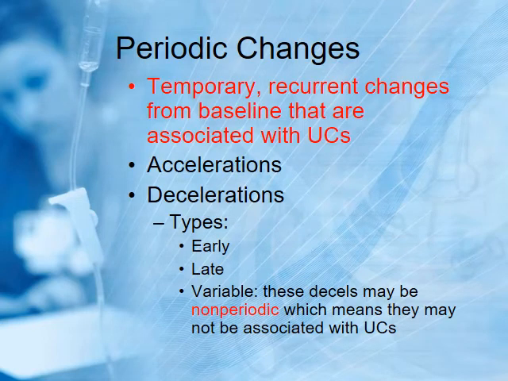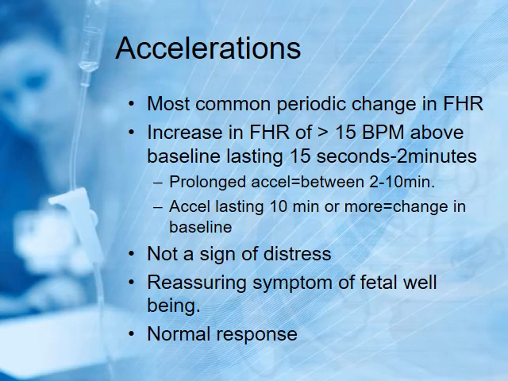Next, we're going to talk about those periodic changes in the heartbeat that I mentioned. These are temporary, they recur from baseline, and they are associated with uterine contractions. We have accelerations, and then we have 3 types of decelerations. We will talk about each one of these. Accelerations are the most common periodic change in the fetal heart rate.